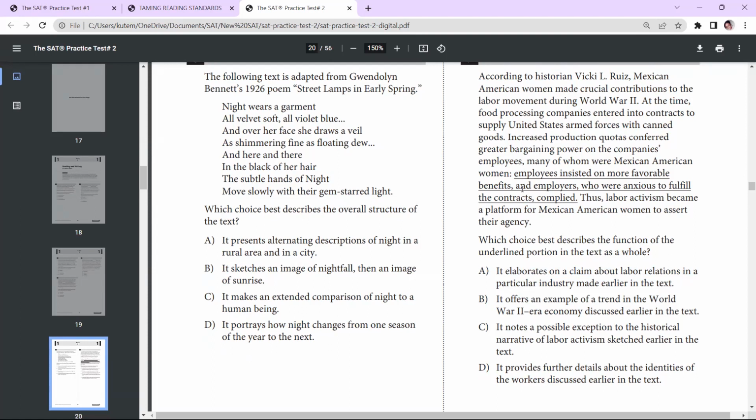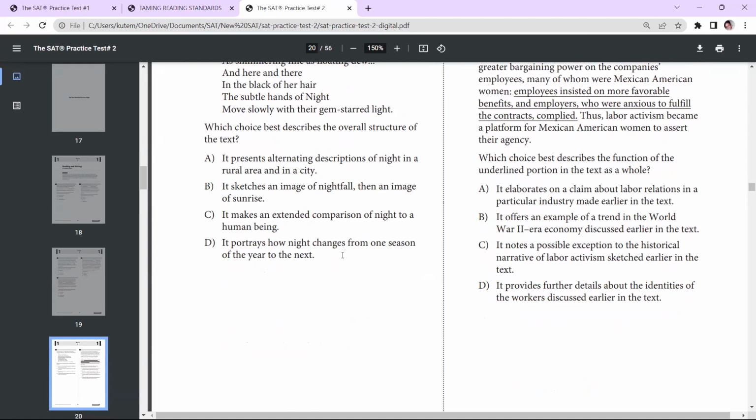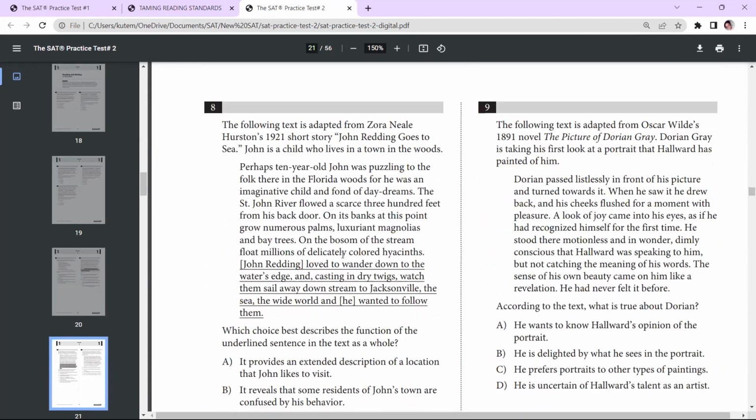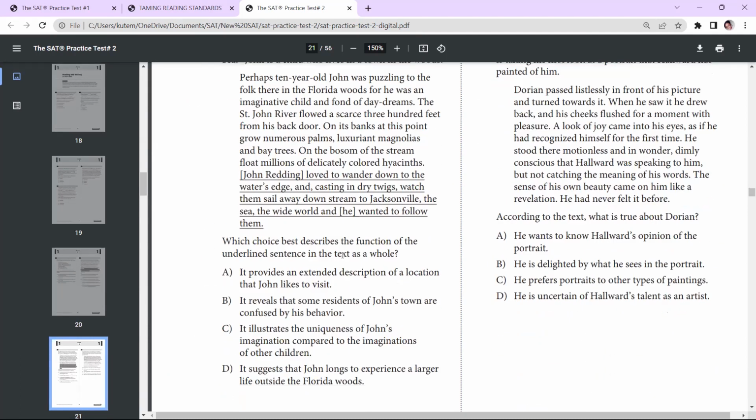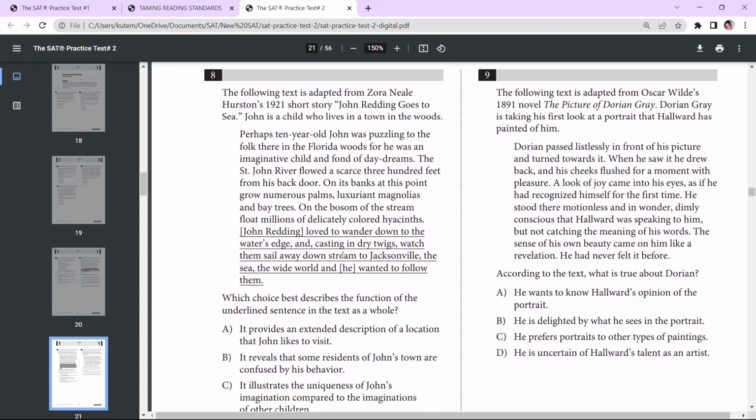Yeah. So are we okay? Are there any questions on this one? Okay, let's see. Oh, we did question 9. Okay, so we'll do question 8, function question.